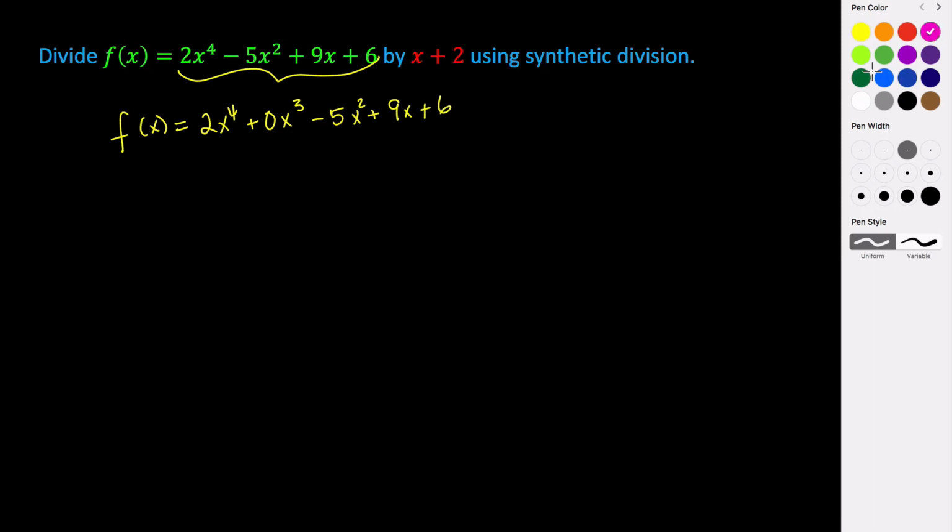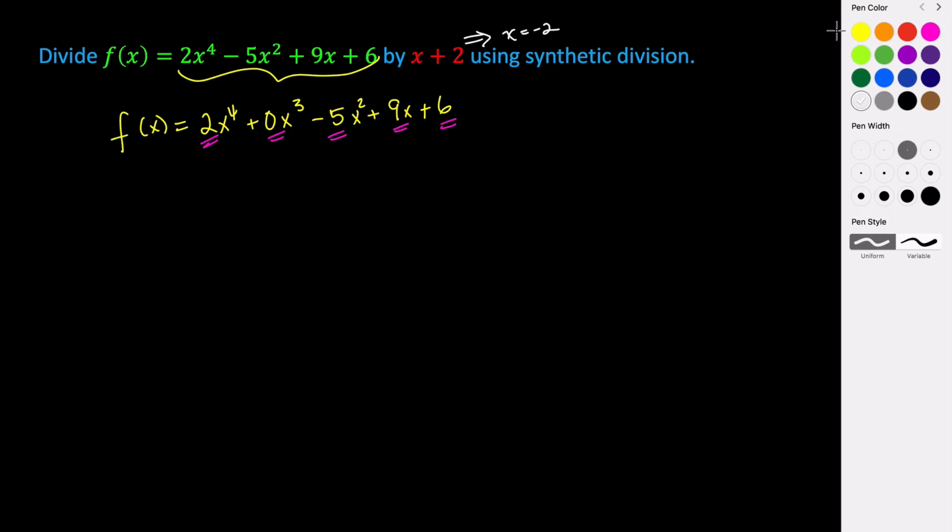Now the reason why we need to do that is because we need all of these coefficients when we're using synthetic division. So we have a 2, a 0, a negative 5, a 9, and a 6. So those are going to be the coefficients for our synthetic division. And then again, remember, you ask yourself what makes this potential factor 0. So we know that x would equal negative 2.